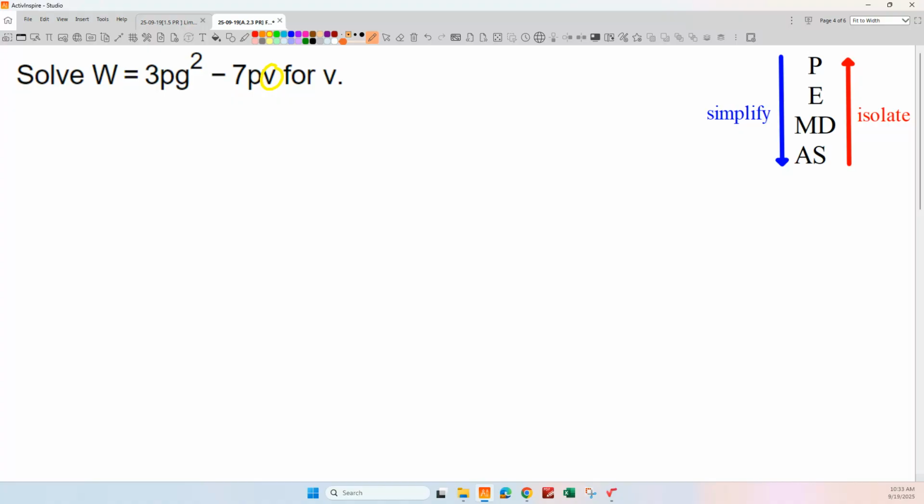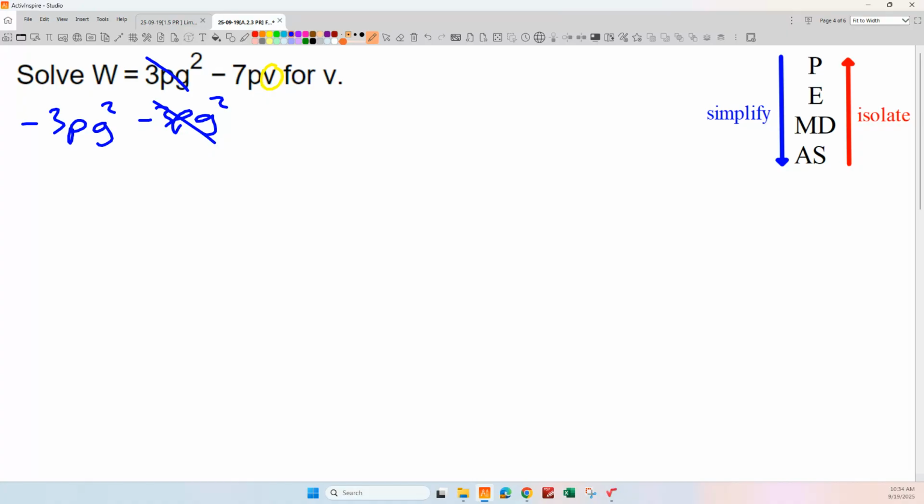Everybody see that? Okay. So how do I undo addition? I subtract, yeah. So the first step would be we're going to subtract 3pg squared from both sides. And what's that do? Well, it's going to cancel the 3pg squared from the right, isn't it? Okay, on the left, those are not like terms.